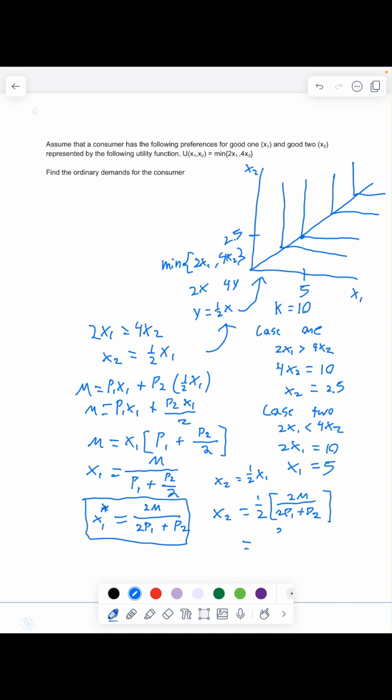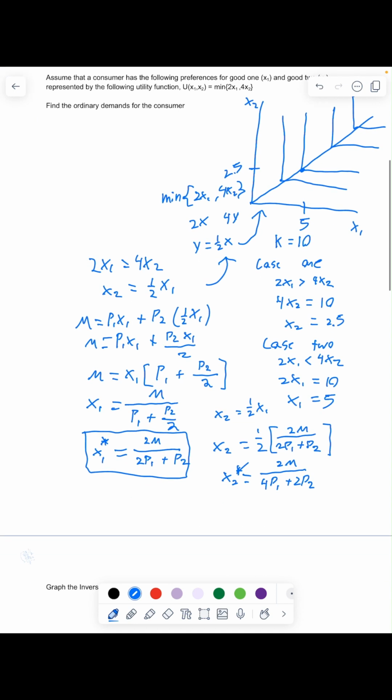Doing so should give us something that looks like this. And once again, we could also just simplify this and write it without all that multiplying. We could have just left it as m over 2p1 plus p2.